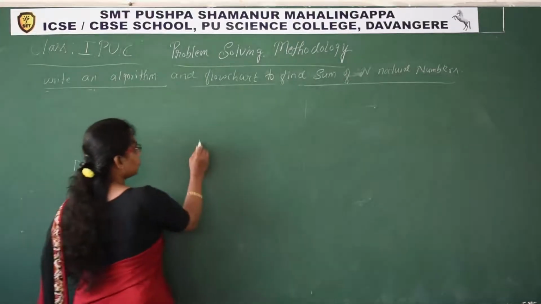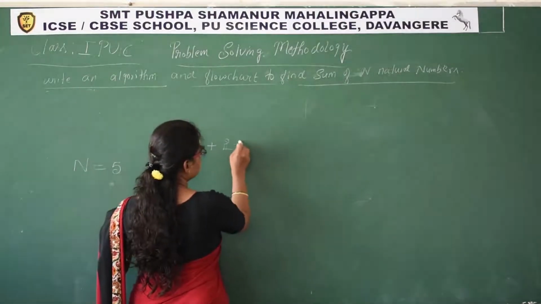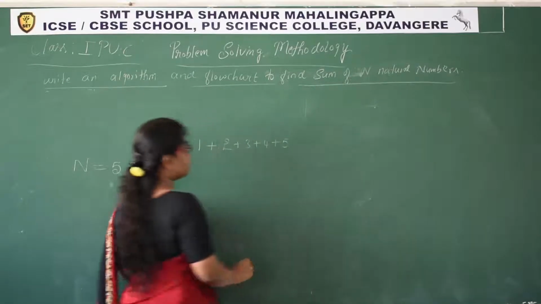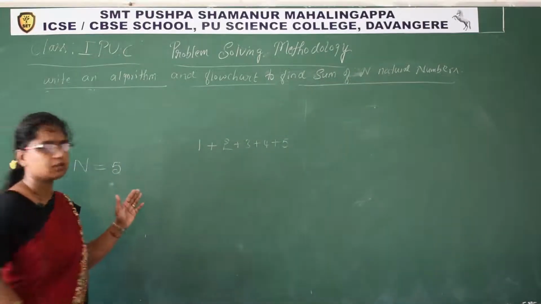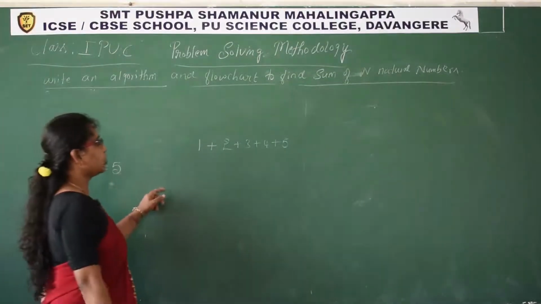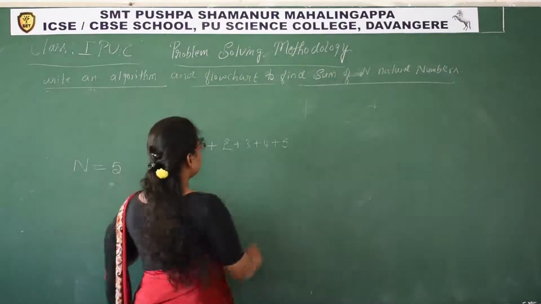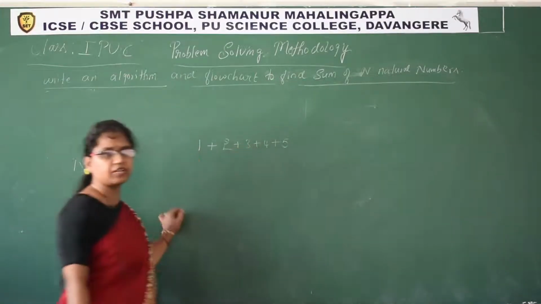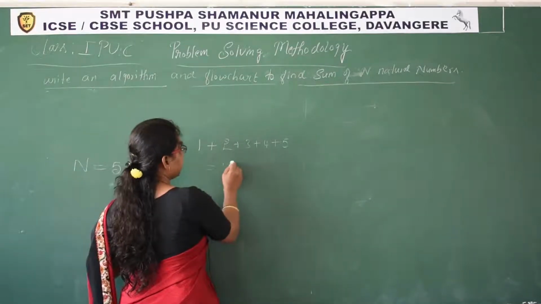What is the sum? 1 plus 2 plus 3 plus 4 plus 5. When it reaches 5, it stops adding because the upper bound is 5. Obviously natural numbers start from 1. Now 5 plus 4 is 9, 9 plus 1 is 10, 10 plus 5 is 15. It has to give 15.